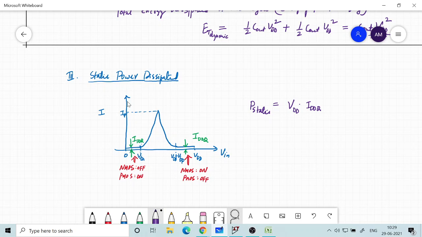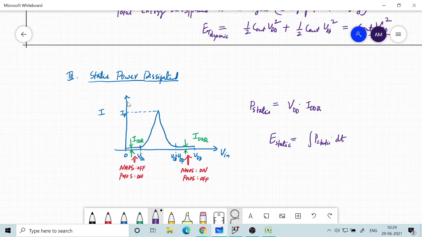As you keep it like that, the static energy is going to be the integral of P static dt. Though this power is small, if you keep it on for a large duration, it can drain your battery.